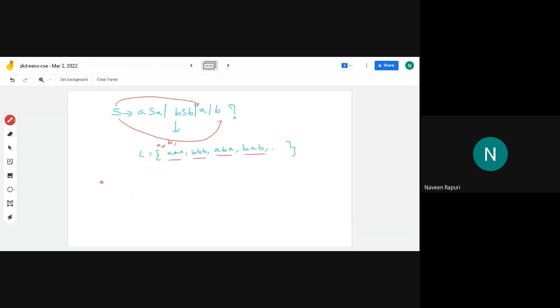And one more thing, if you take, suppose A S A and B S B. Suppose A means A. Here we are getting ABA, BAB. So we may get the answer as ABABA. Suppose if you take S, A S A and A S A and A. So these are 5 A's.